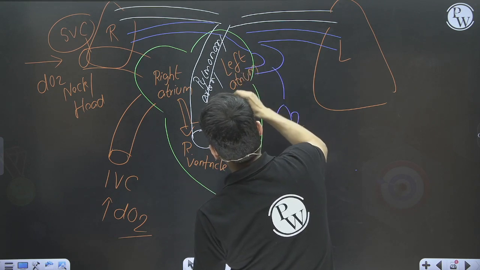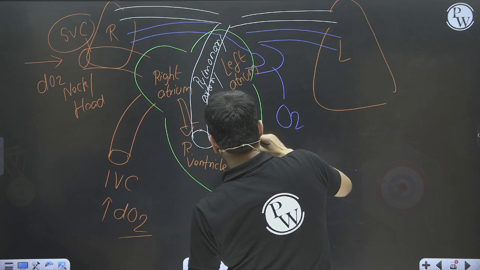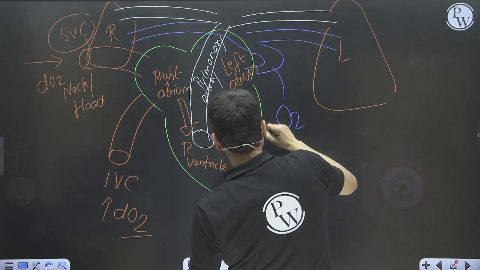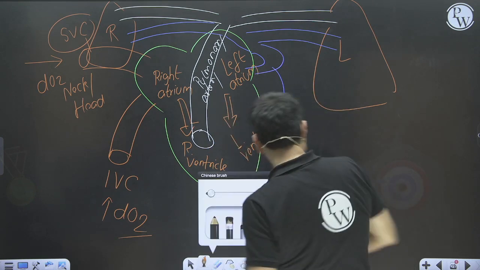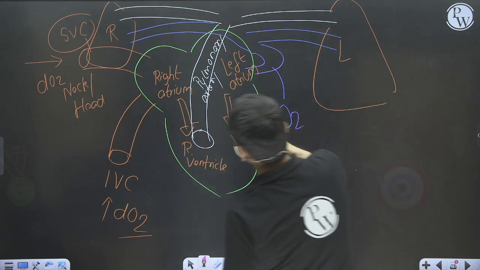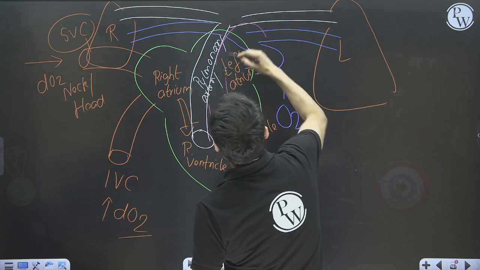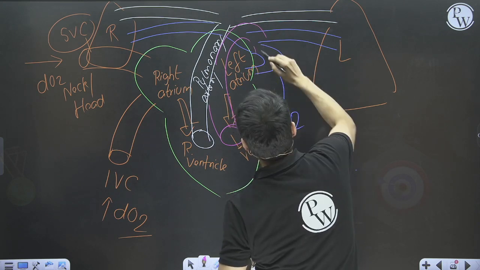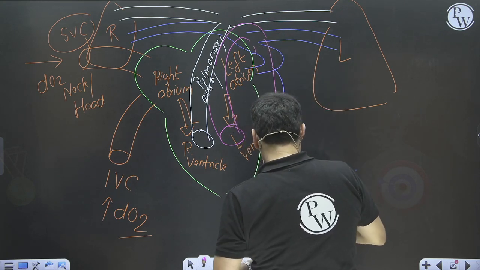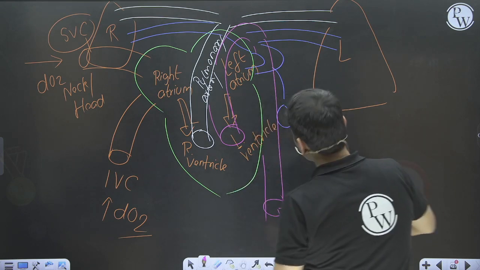And from the left atrium, the blood is going to the left ventricle, right? And from the left ventricle, there is the aorta, which is the biggest artery, and the aorta forms an arch like that, and then it comes below like this, distributing the oxygenated blood to the rest of the body, right?